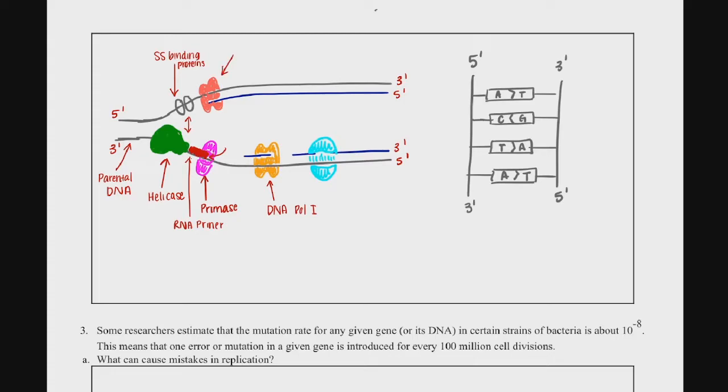This is another polymerase. As you can see, it's synthesizing. If we said that this was 3', it's synthesizing in the 5' to 3' direction. And this DNA polymerase is also synthesizing in the 5' to 3' direction. And now you can see more clearly why we get those Okazaki fragments.